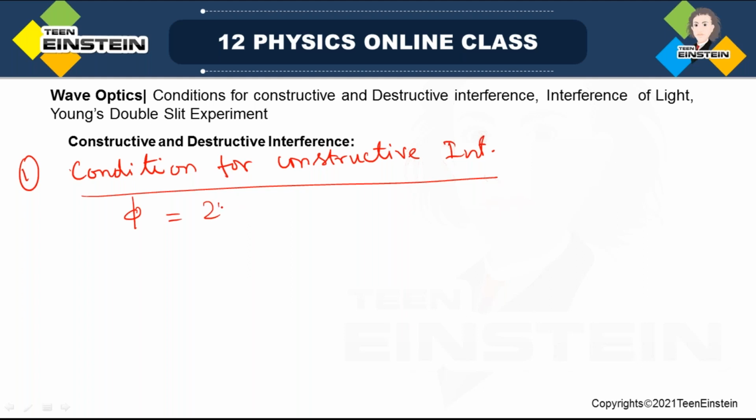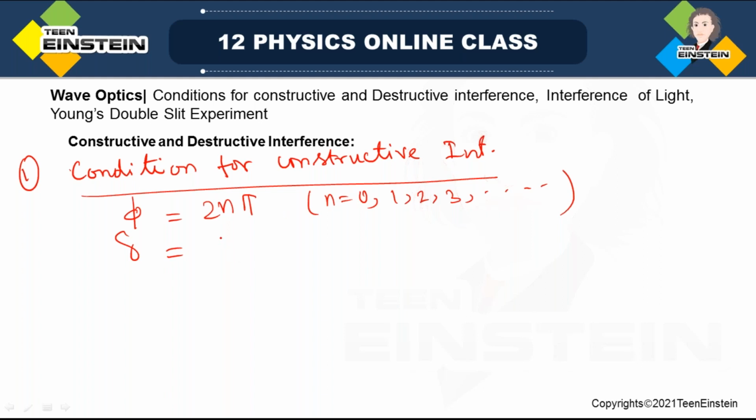That means an even integral multiple of pi, 2n pi, where n can be 0, 1, 2, 3, etc. And in terms of path difference, it is n lambda.